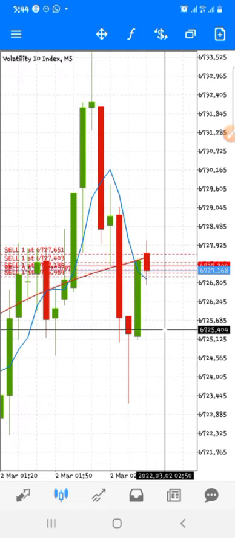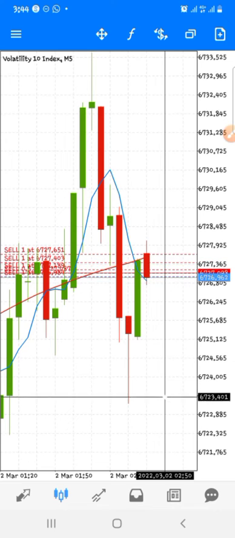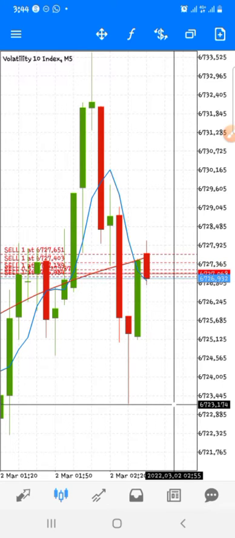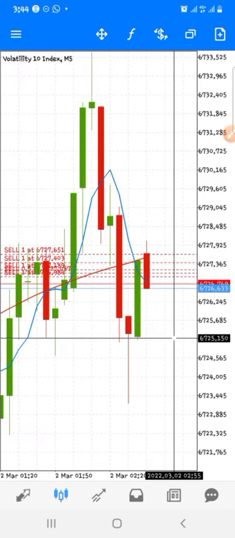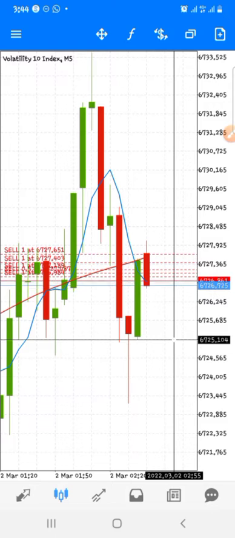This is the last candle, so I can't use it. Our second TP will be 6723.254, and our first TP will be 6725.104.